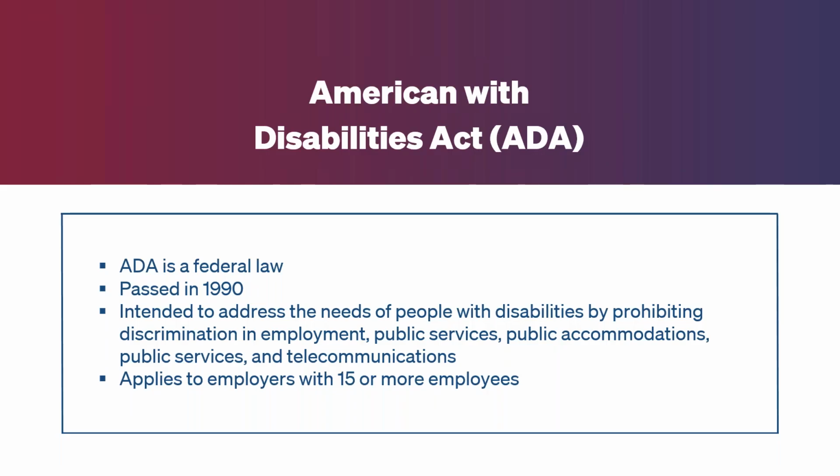So what is the ADA, the Americans with Disabilities Act? Well, the Americans with Disabilities Act is a federal law. It was passed back in 1990. The law was intended to address the needs of people with disabilities by prohibiting discrimination, not just in employment, but also public services, public accommodation, telecommunications. So things like allowing a service dog in a department store would be covered by the ADA under public accommodations.